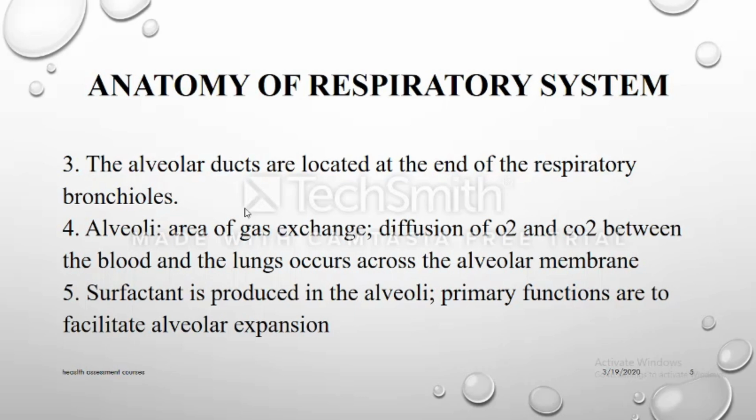There is also surfactant that is produced in the alveoli, and its primary function is to facilitate alveolar expansion. So we learned what surfactant is and its function: facilitation of alveolar expansion.